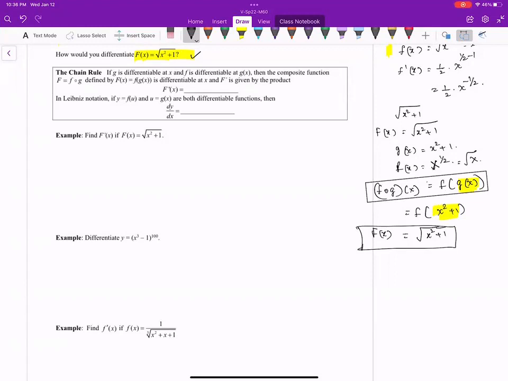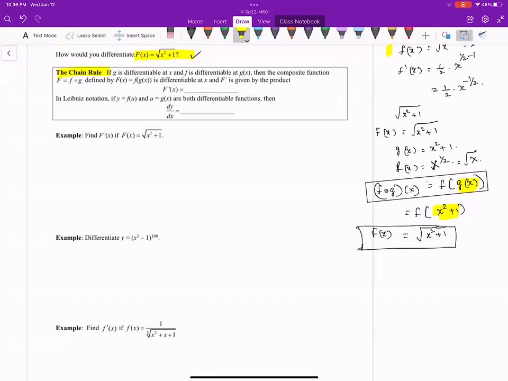So this is the basic idea, or in other words, chain rule is applicable when you are able to recognize a function as a function of a function, or composite function. So what does the chain rule say?